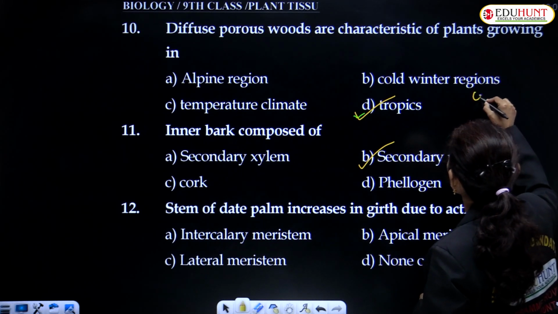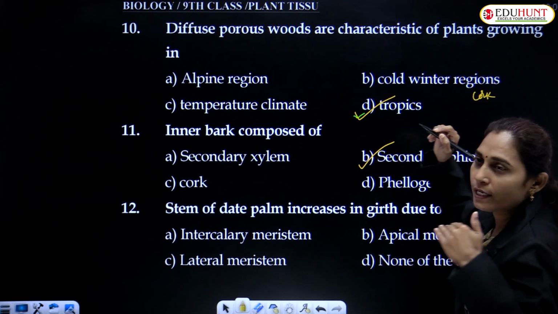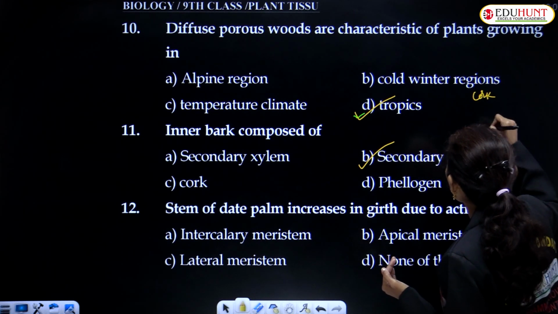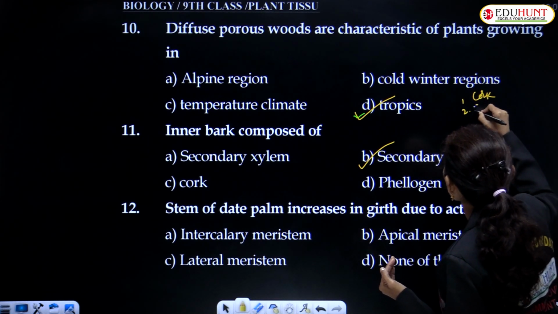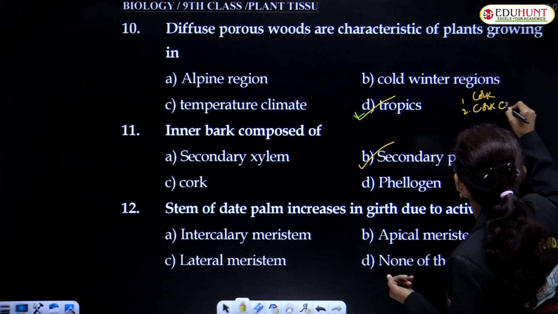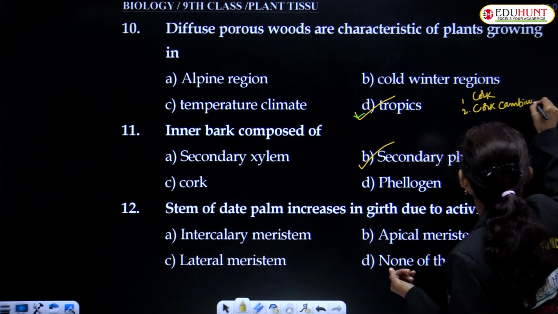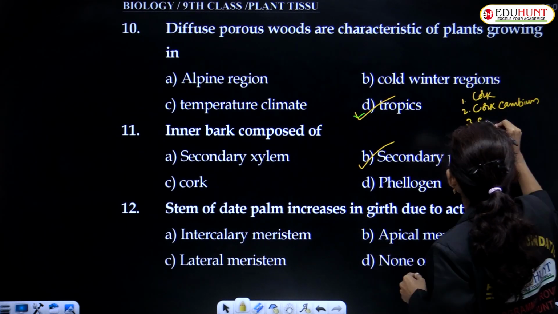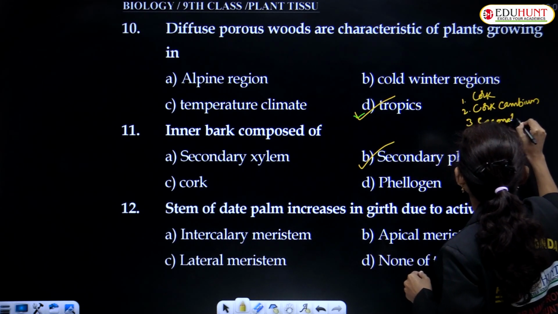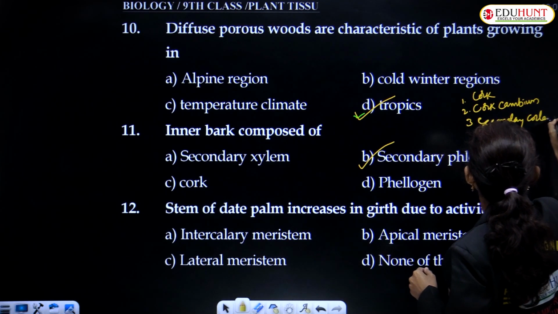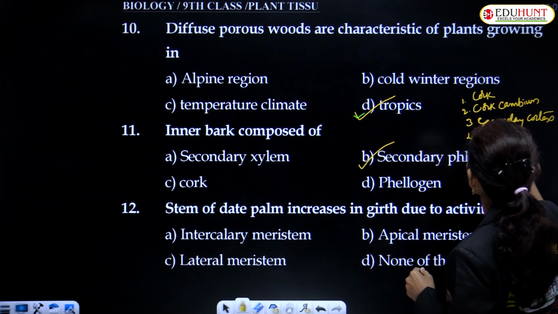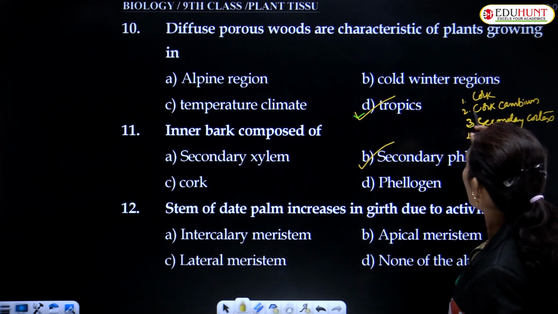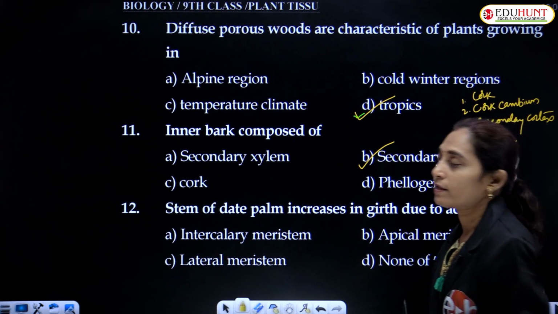First one is the cork, extremely outside. Cork is followed by the second layer, cork cambium, then the third layer of the bark is secondary cortex, and the fourth layer is secondary phloem. Among these, the last one is the secondary phloem.